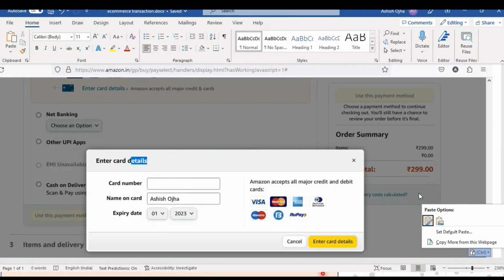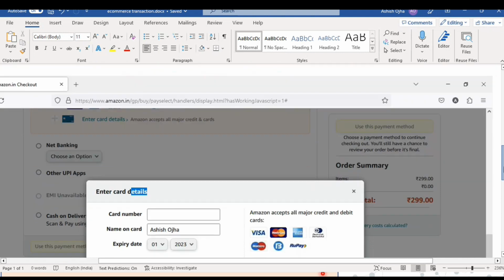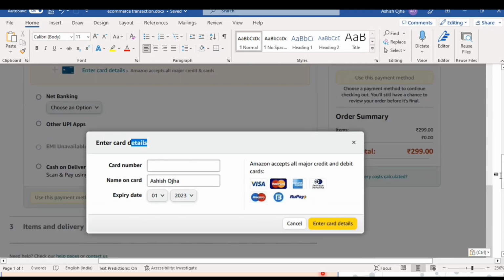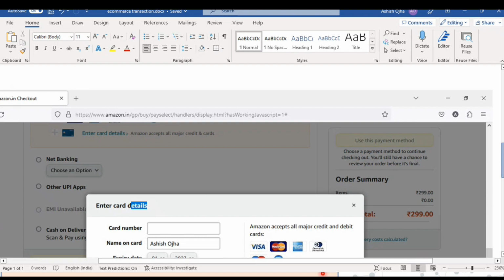And what you see over here is the web page of Amazon, correct? It means that you are entering the card numbers on the web page of Amazon. Now, there are entities that, when you click on proceed to buy, redirect to some other payment gateway. In that case, this web page doesn't belong to Amazon.